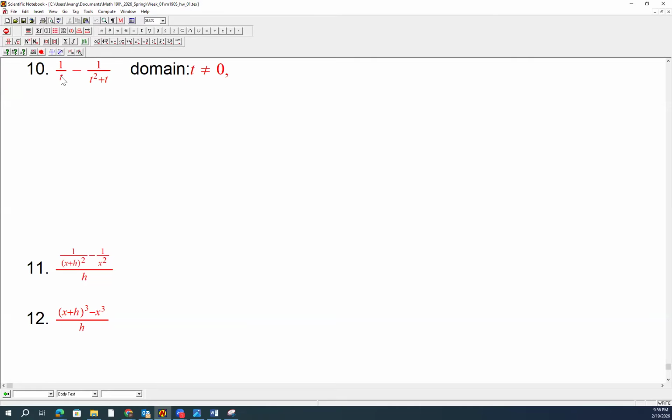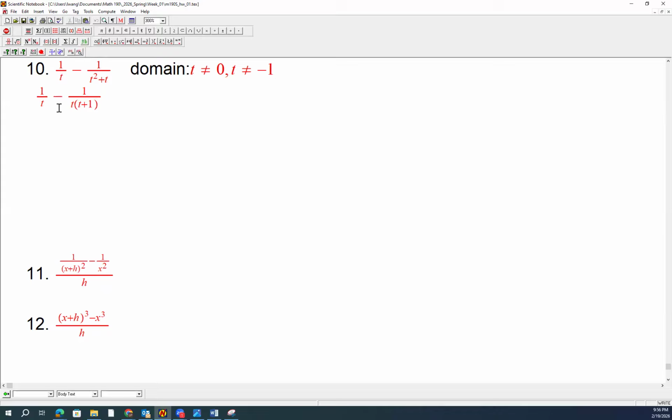Well, if we rewrite this expression and factored out the t, we have t plus 1 in the parentheses. T plus 1 cannot be 0 either. If t plus 1 cannot be 0, then t cannot be -1.